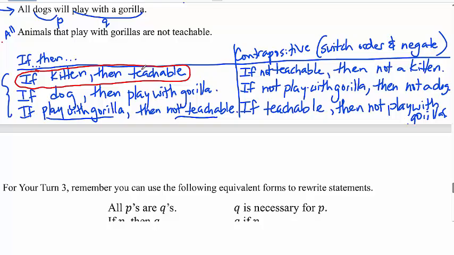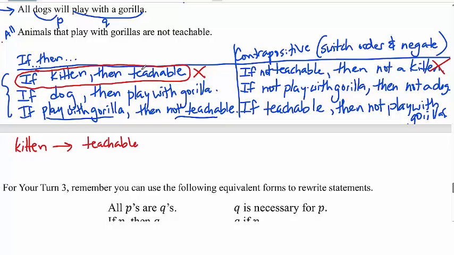All right, so we have if you're a kitten, then you're teachable. So kitten leads to teachable. Okay, we've already used this, so we're not going to use the contrapositive because that fact has already been used.